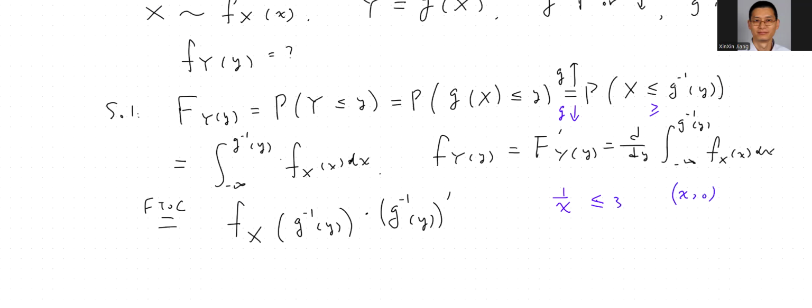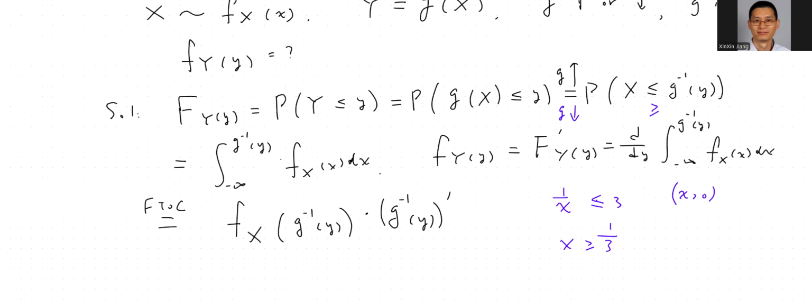But 1 over x is decreasing, and if you take the reciprocal on both sides, you would actually get x greater than or equal to 1/3, because 1 over x is decreasing and its inverse is still 1 over that. Sorry, it's 1 over 3, not 3. So that's what this thing means.